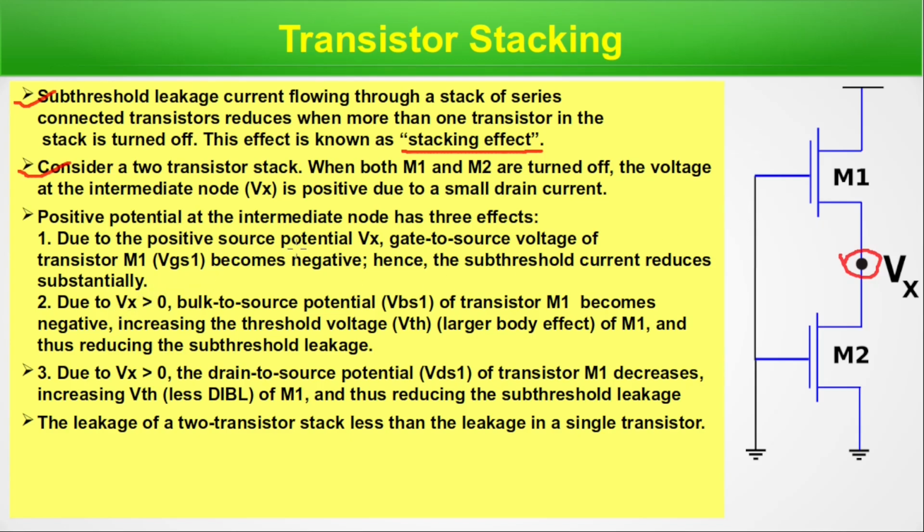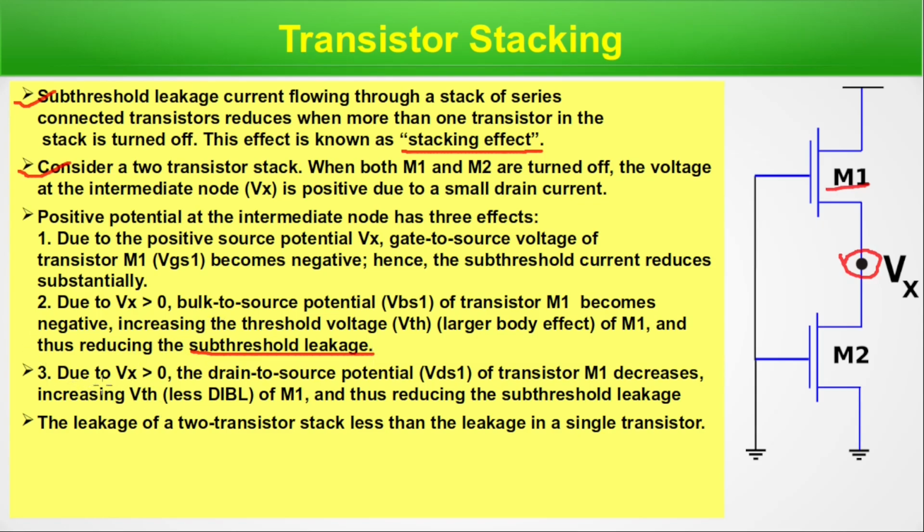First, due to the positive source potential Vx, the gate to source voltage of M1 becomes negative. Hence, the subthreshold current reduces substantially. Another point is, since Vx is greater than 0, the bulk to source potential of transistor M1 becomes negative, so the threshold voltage of M1 increases. Since threshold voltage is increasing, that again reduces the subthreshold leakage.